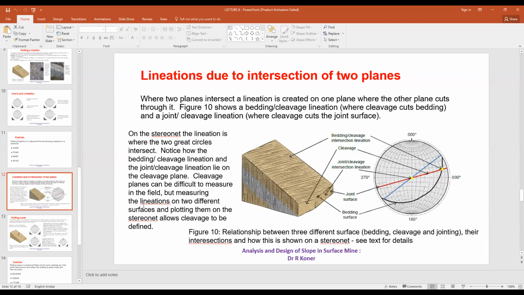There are two possibilities of lineation structure in a geological feature, geological strata. One is a lineation structure itself. Another is if two planes intersect each other, they will intersect along a line.